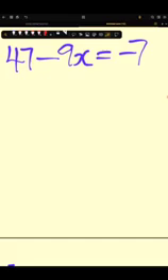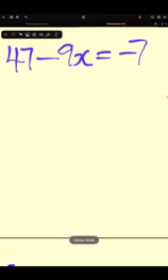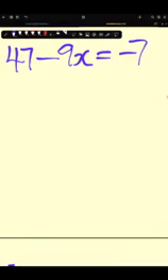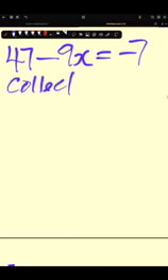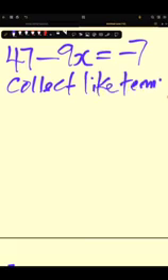Let us now go ahead and solve the question, since I had already explained what a linear equation is in the first one that I solved. Here I will also need to collect like terms.